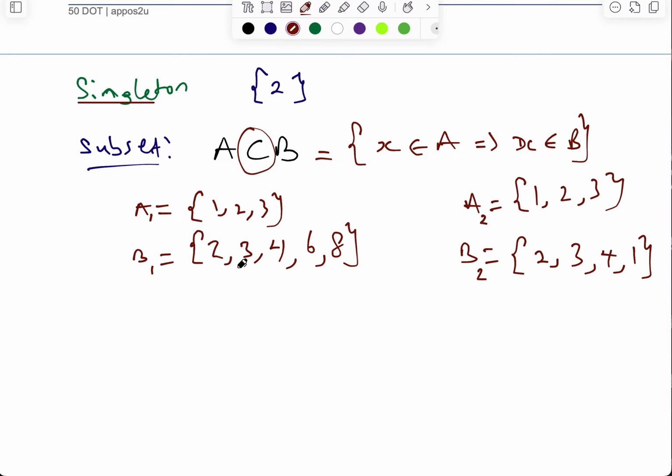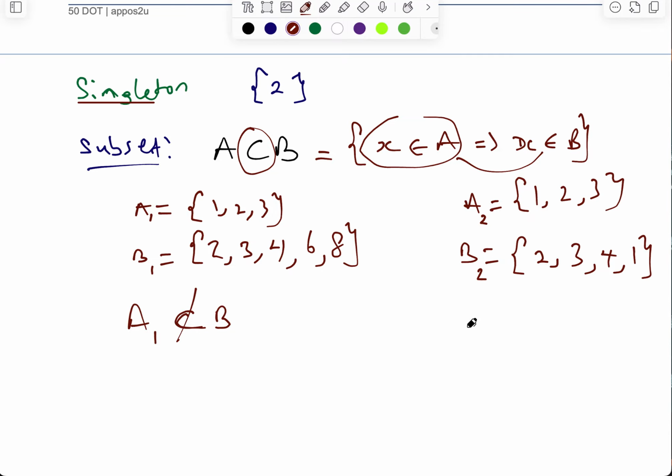Now, let's see which case is A a subset of B. In the first case, 1 is a member of this set A1, but 1 is not to be found here. I don't need to proceed any further. I can conclude that A1 is not a subset of the set B. So it's not about being smaller in quantity that makes you a subset automatically. It has to be that everything that is found in you can be found in that thing as well. Then you say you are a subset of that other set.